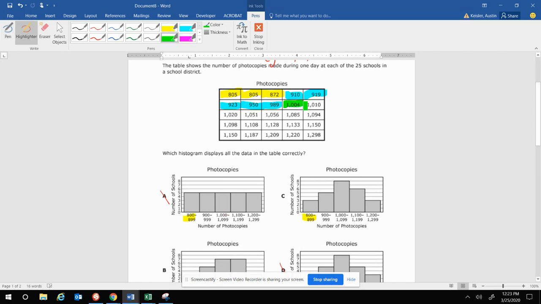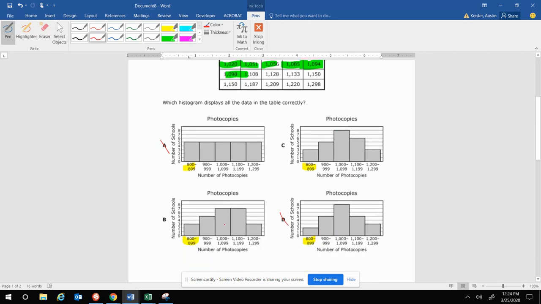So I've got 1, 2, 3, 4, 5, 6, 7, and 8 of those that are between 1000 and 1099. So I need my bar height on that one to be 8. I can see on B, it's only at 7. So my correct answer is C.